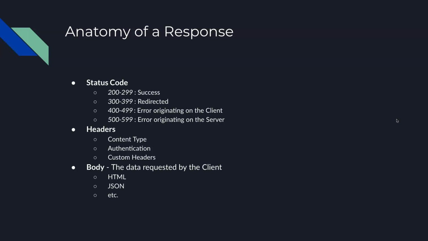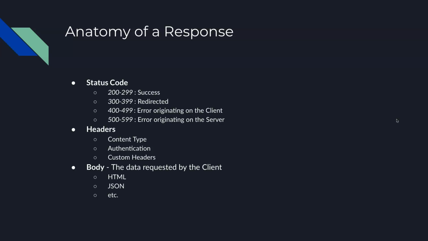Then on the response, we have our headers as well. We can get the content type back from the server. If we request JSON and they send back some other format, they'll include that in the content type. That'll allow us on the client side to be able to interpret that and figure out what the actual data being returned to us is. We can also send back authentication headers.